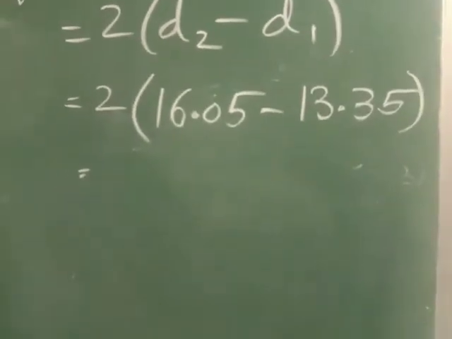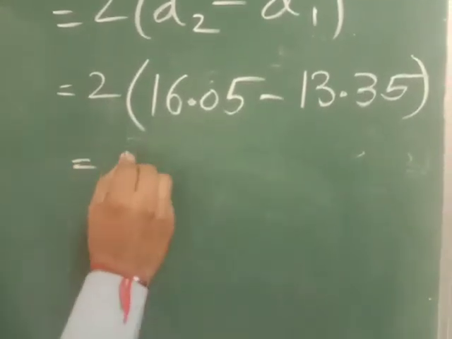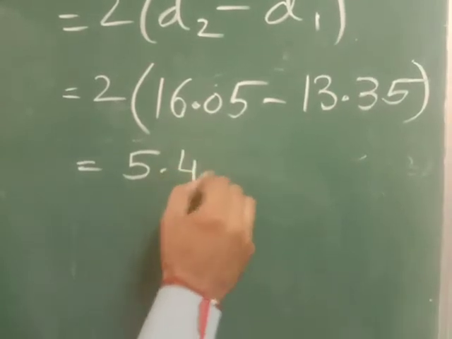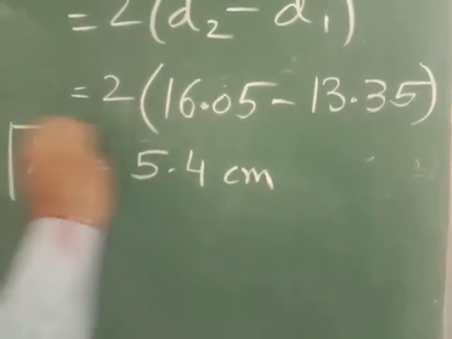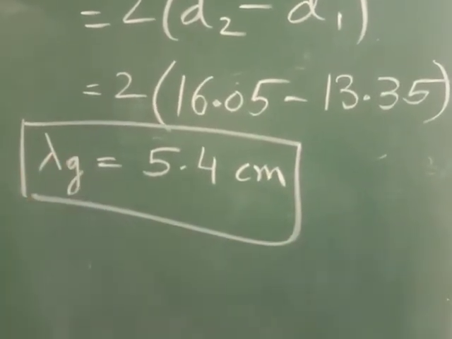From here we get 5.4 centimeter as the value of lambda g.